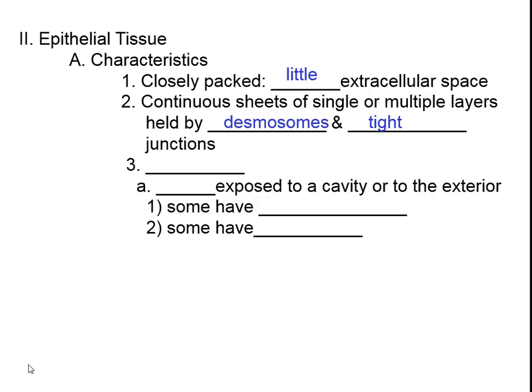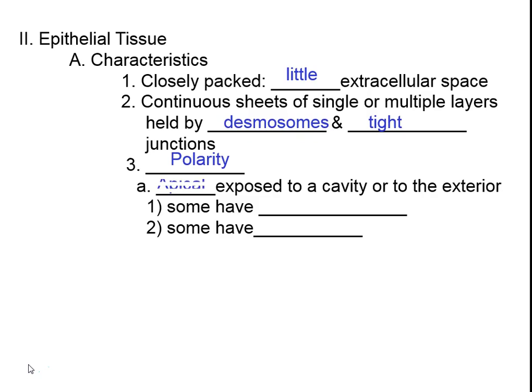So in lab, when you scraped your epithelial cells off of your cheek, you probably may have seen cells stacked on top of cells instead of seeing a lot of individual cells. They come off in continuous sheets. Epithelial cells have what we call polarity.